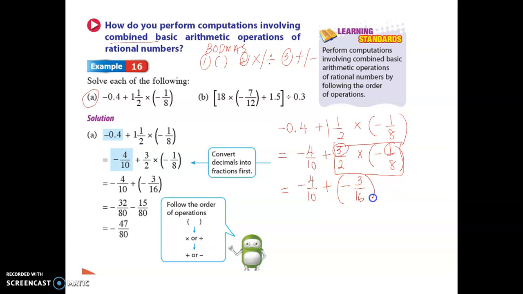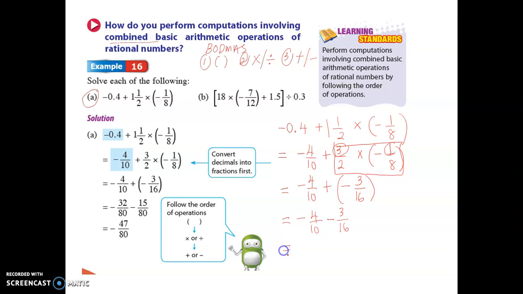Write in brackets because you have two signs here, positive and negative. Then you remove the bracket. Since they are different signs, this one will be negative. If the same, positive. Now different, negative.